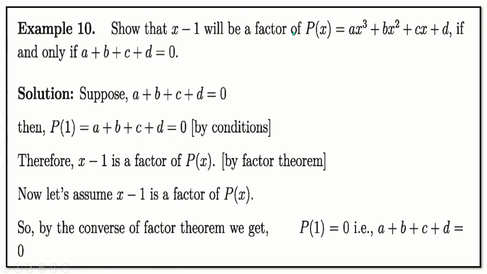When we put x is equal to 1, we get a plus b plus c plus d, which is equal to 0. So p of 1 is equal to 0. As p of 1 is equal to 0, we can say x minus 1 is a factor by the factor theorem. Clear, everyone?